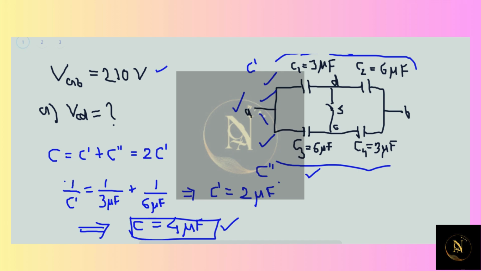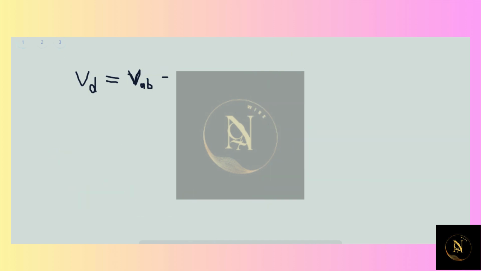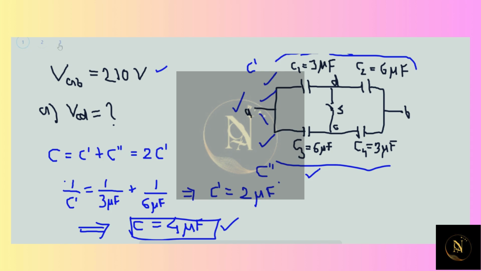Similarly, we find the voltage at point D. The voltage at point D is going to be the voltage between the points A and B, VAB, minus the voltage across the capacitor C1, which is 3 microfarad. This comes from the fact that the total voltage VAB gets divided between VC1 plus VC2. So VD equals 210 minus the voltage across C1.